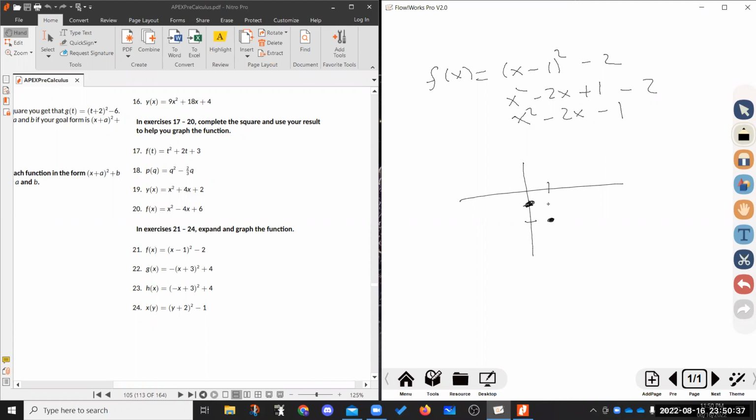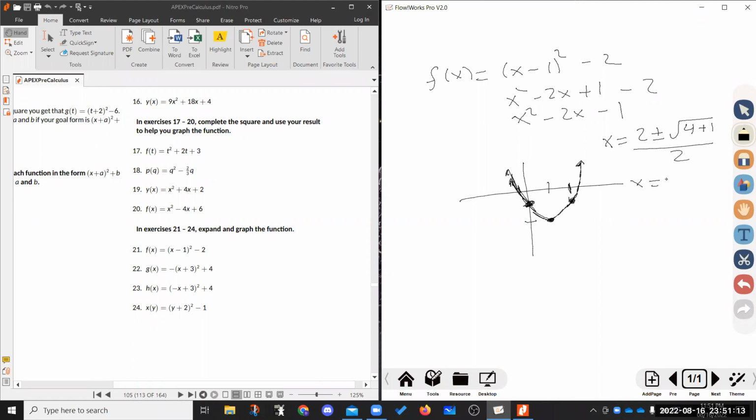So it's opening up. So we have another 1 to the right, which is going to give me the same thing here. I'm not going to be able to calculate what my x-intercepts are easily by factoring because they're irrational, but I can find them by the quadratic formula: x equals -b plus or minus the square root of b squared minus 4ac, all over 2a.